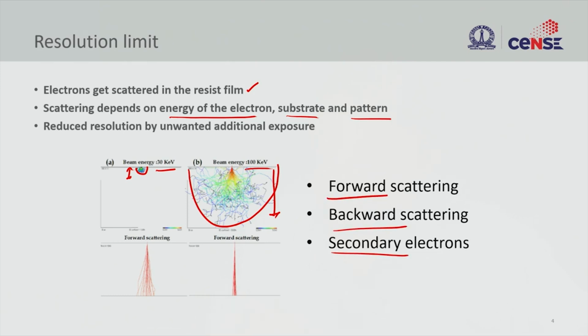The bottom image shows that the forward scattering is pretty sharp here, but then it diverges quickly for low energy, because the energy of the electron here is low, so it can scatter well. But if you look at high energy, the forward beam is very, very sharp.